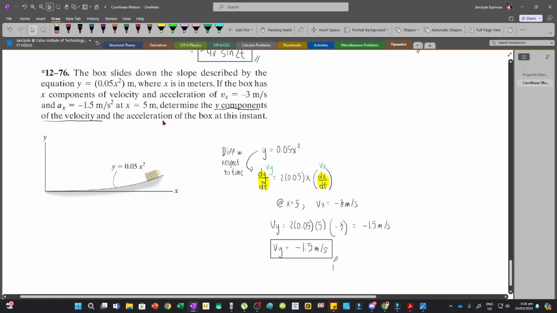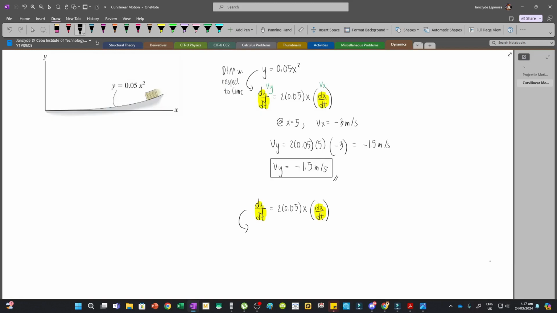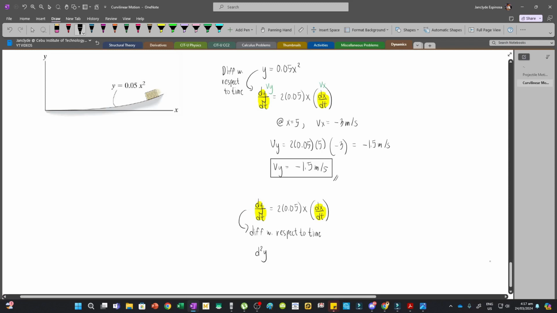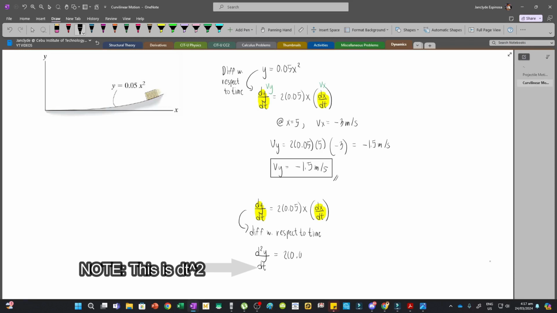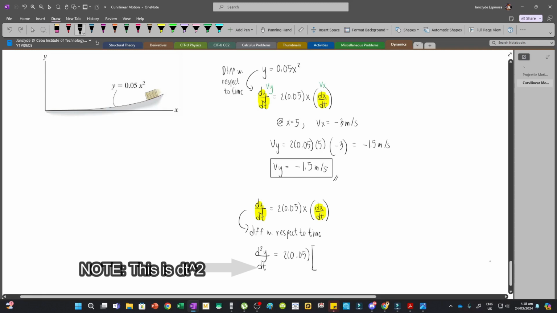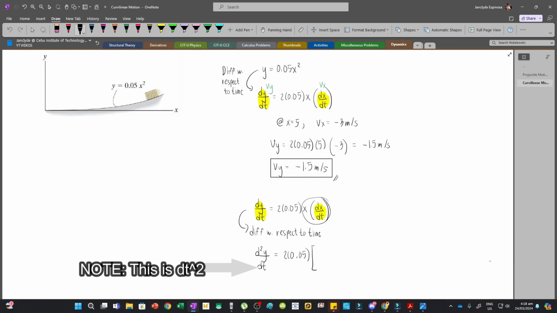Now to get the acceleration of the box at this instant, we need to differentiate this twice. Let's copy this equation. Differentiating with respect to time, dy over dt will become d squared y over dt squared, which is equal to 2 times 0.05. Since this is a constant term, we'll just apply the product rule of differentiation for these terms. Let me treat this as my u, and this as my v.